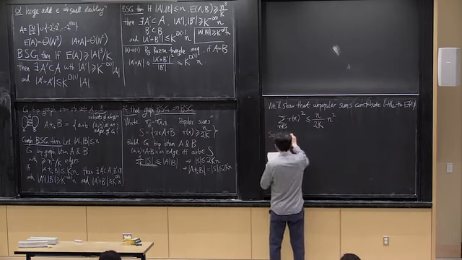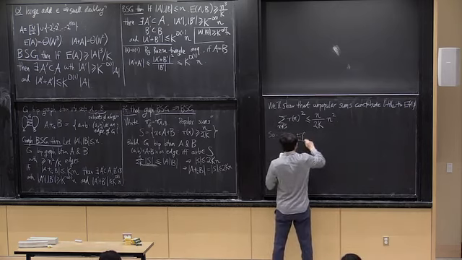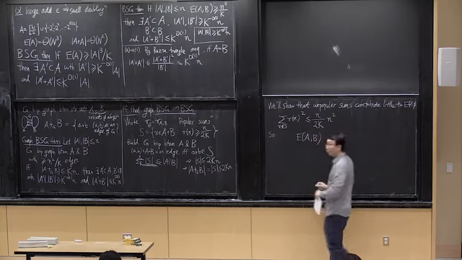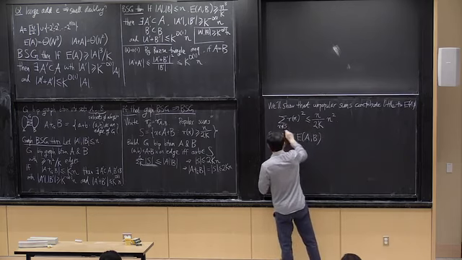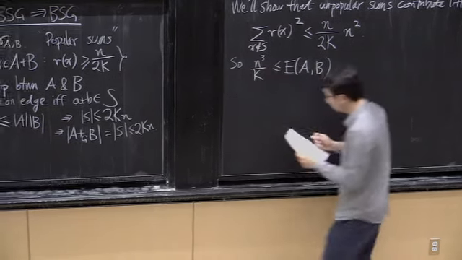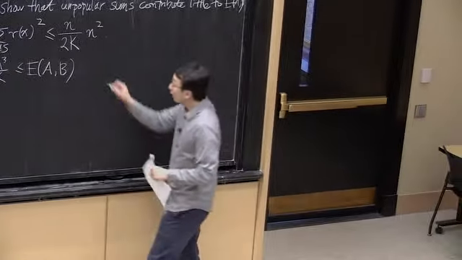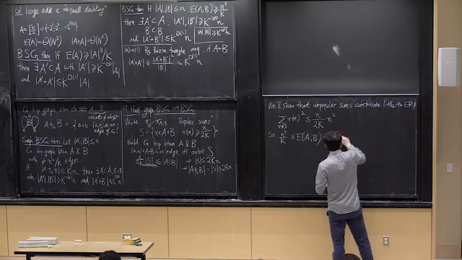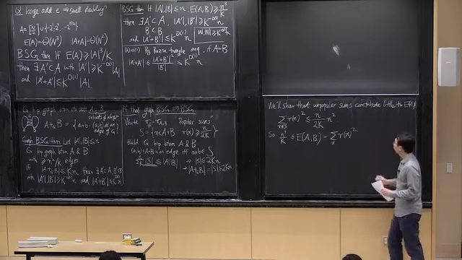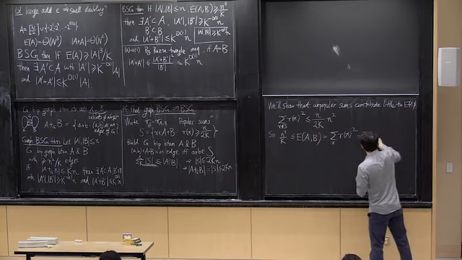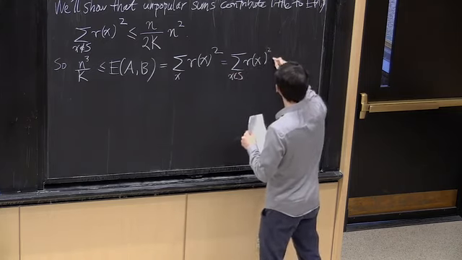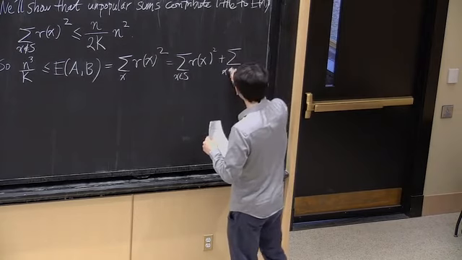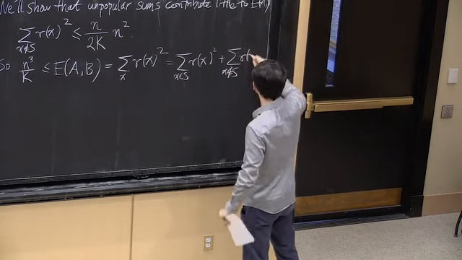So you have this additive energy between A and B. I know that it is large by hypothesis, whereas I also know that I can write it as a sum of the squares of these R's, which I can break into the popular contributions and the unpopular contributions.